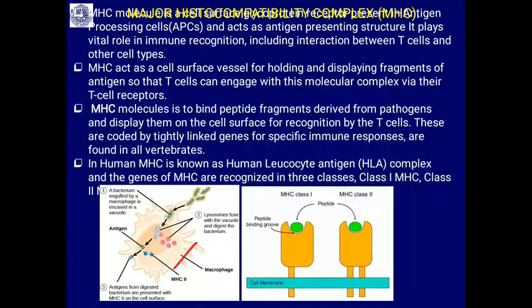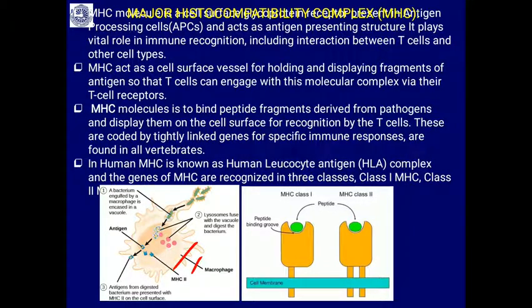Here you will see the macrophage, which has these major histocompatibility proteins. The antigens are processed into smaller molecules, and they are presented with the help of the MHC, or major histocompatibility complex, on the surface of this antigen presenting cell.